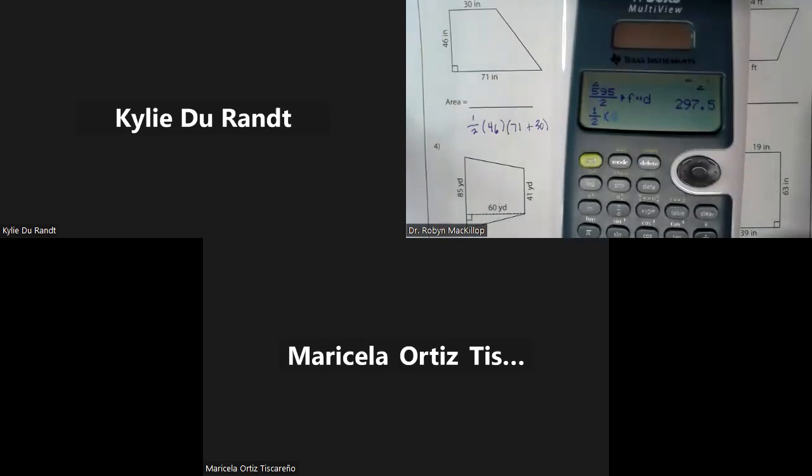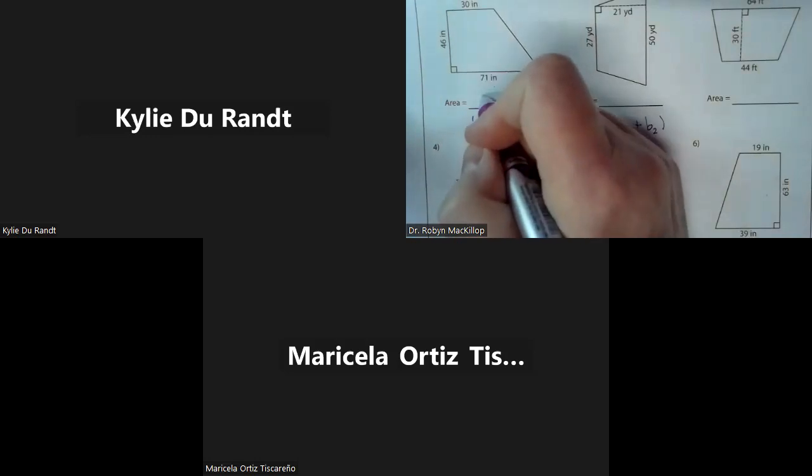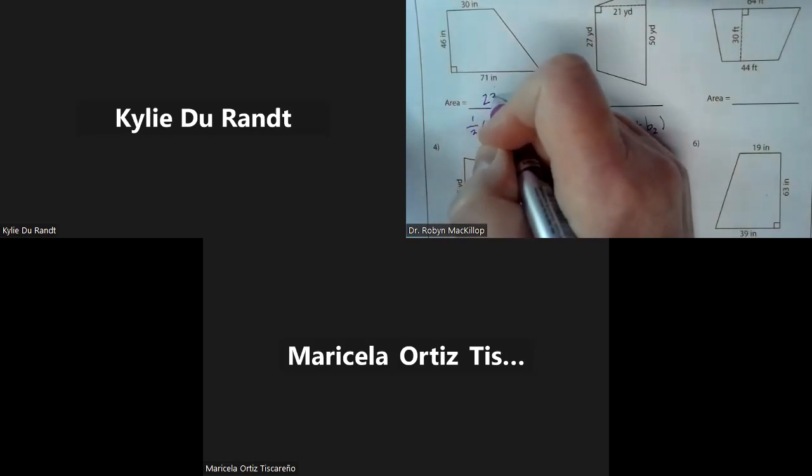So open 46, closed, then open again 71 plus 30, closed. It's all typed in just like I wrote it. Hit enter. 2323. So that's another reason to get used to that calculator.